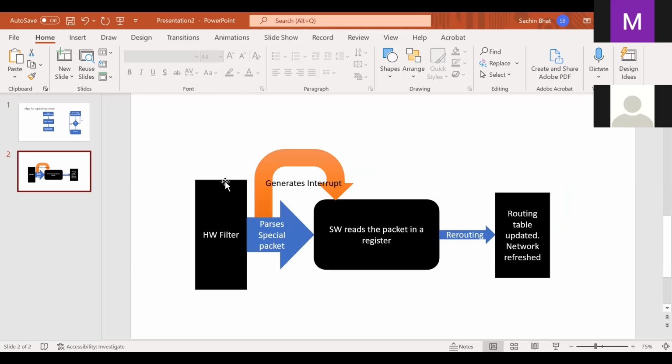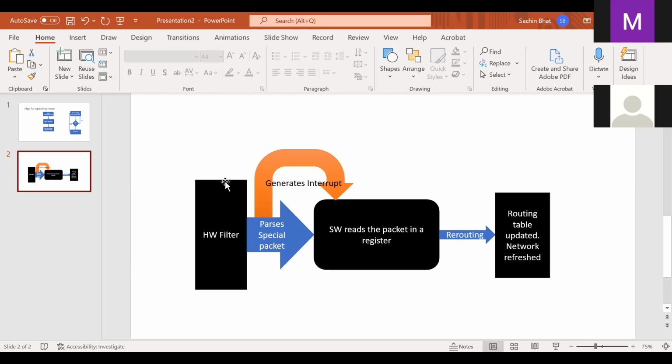To go into this in detail, we are detecting a particular issue through a hardware filter, which detects malware or any corrupted packet, or receives the continued information from a neighboring node.